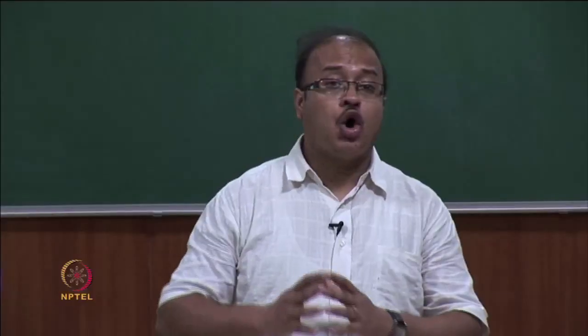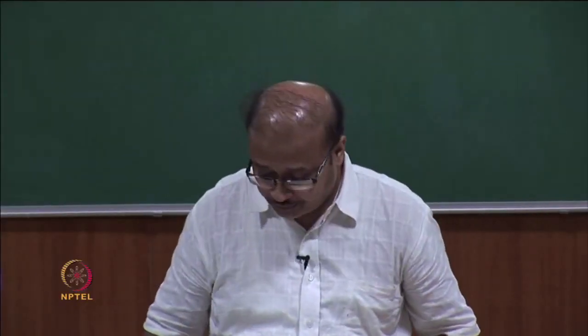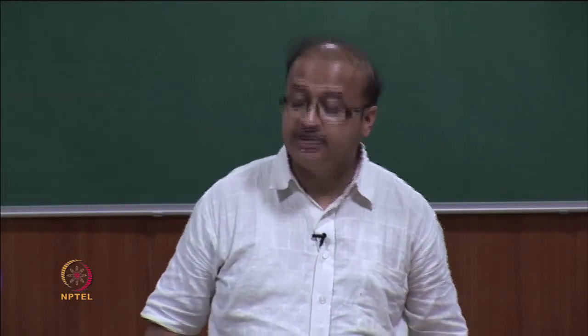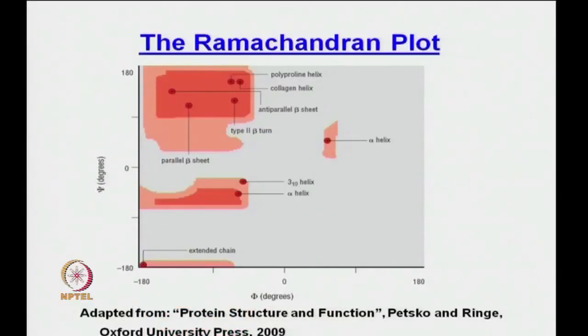What did we do all this exercise for? We did this exercise because we want to look at the Ramachandran plot, and this is what the Ramachandran plot looks like. So, you can see it is a plot of psi against phi, both being in degrees. Okay.